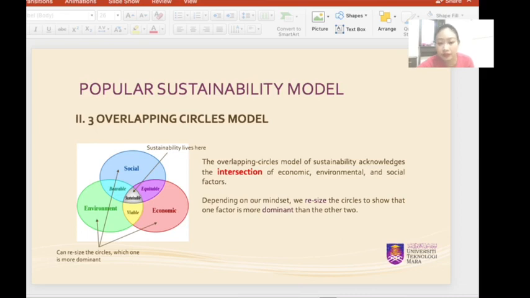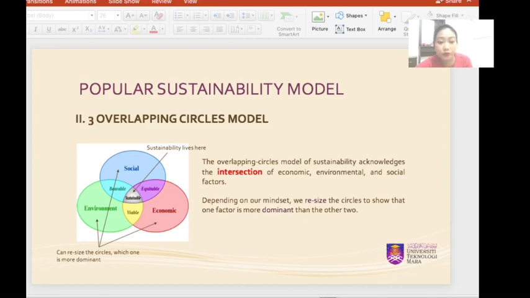Maybe if you think that environment is much more important than social and economic, you can always adjust the circle. And then if you think that economy is more important than the other two, you can adjust it based on the importance that you think, which is the priority. So sustainability lives here, yeah? Here in between, the intersection of these three criteria. It's very simple, very straightforward.